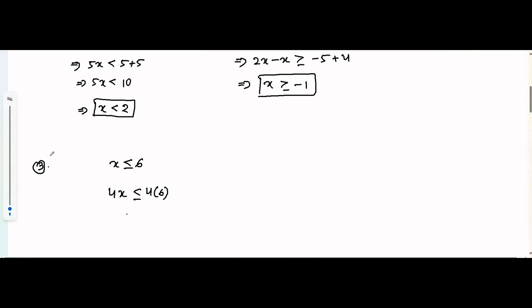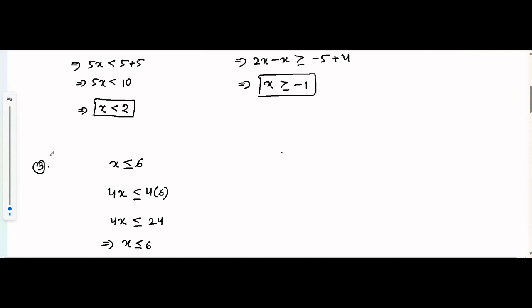So that becomes 4x is less than or equal to 24. Again, we get the same relationship, x is less than or equal to 6. So when we multiply the same positive number on both sides of the inequation, the sign of inequality stays the same.